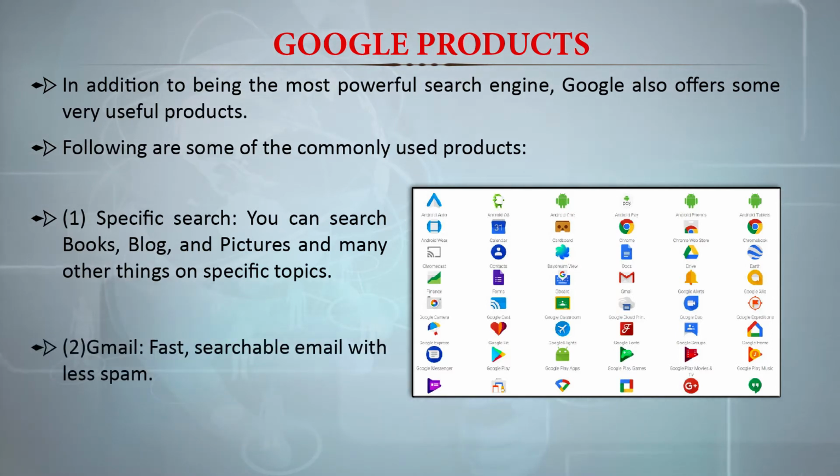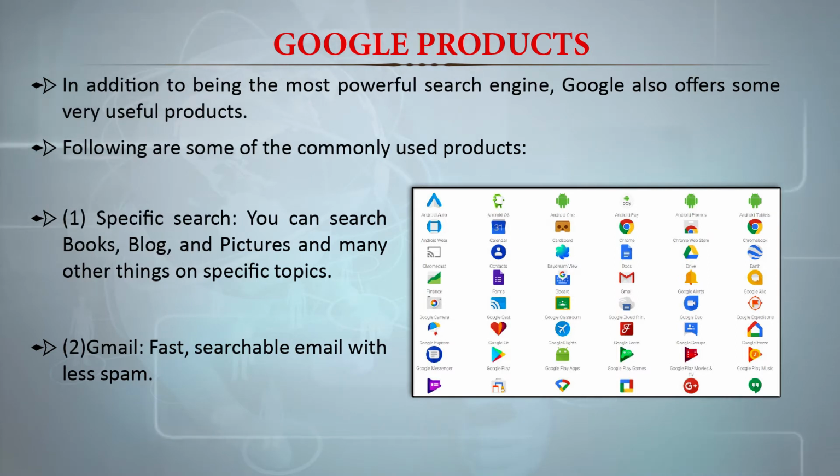One is Gmail. This is the fast searchable email with less spam. Of course, when I say fast searchable email with less spam, you need to look at the word fast, which may be now given to some other search engine or maybe another email option.